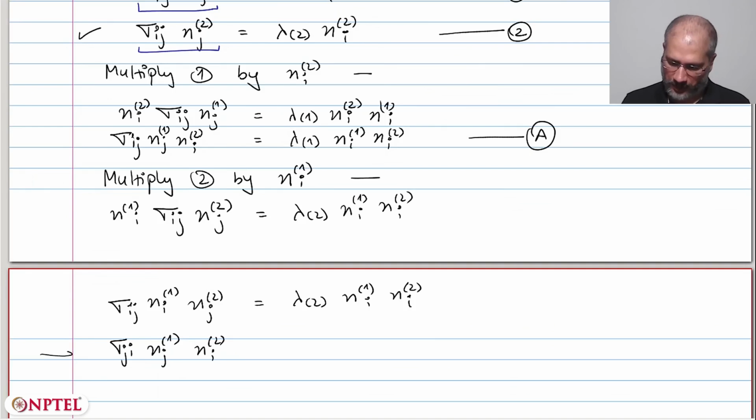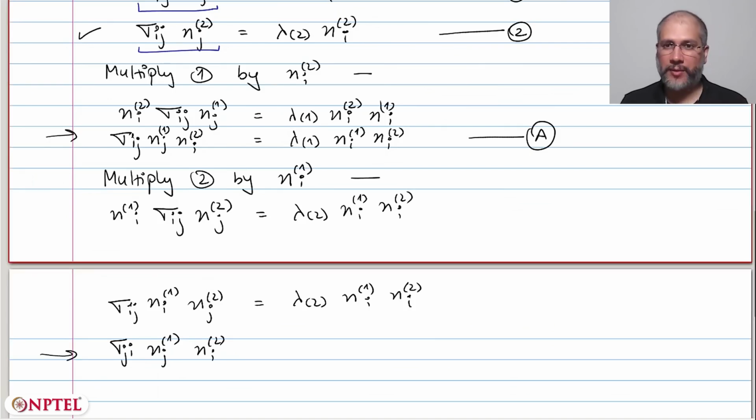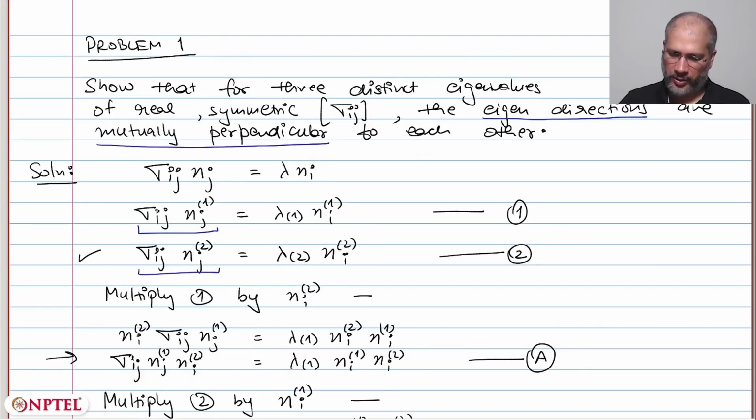But this and this is still not the same on the left hand side because in one we have a sigma ij, in the other we have a sigma ji, although n's have the same indices now. But we also know, if you see the problem and what we're discussing, that it's a real symmetric sigma. Sigma is symmetric, so sigma ij is equal to sigma ji.